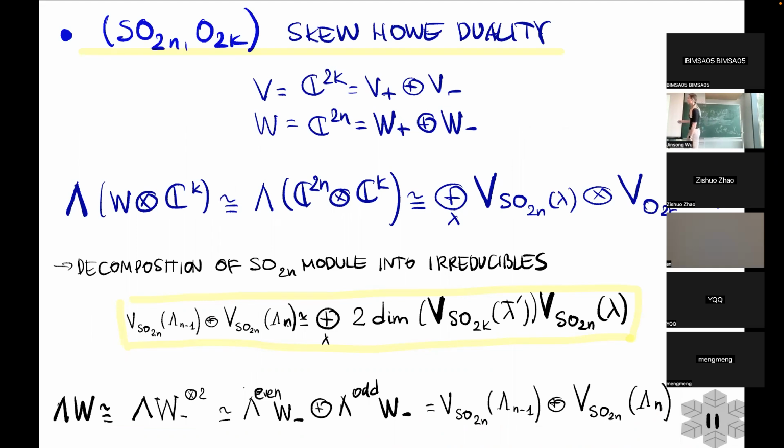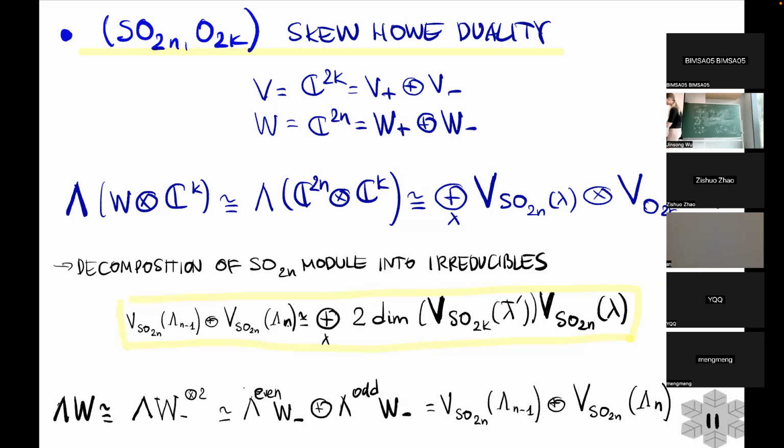Again, we can consider the isotropic spaces, but by the very end of this procedure, it's important to understand that here we can decompose a tensor power of the sum of two fundamental representations.